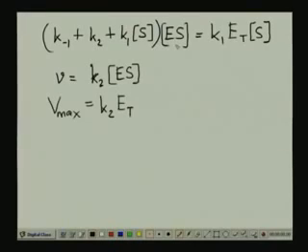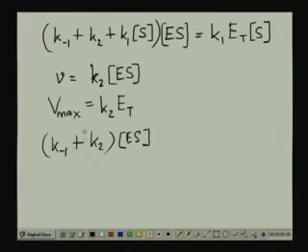Instead of K2 ES here, we are going to put V. So I am going to have on the left hand side a K minus 1 plus a K2 ES, not a K2, a K1S, sorry, a K1S plus a V actually, because we are looking at this and this together with ES, and the K2 and the ES form the V. And what do we have on the right hand side?